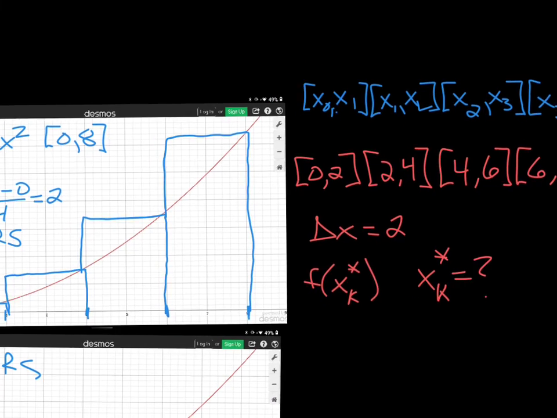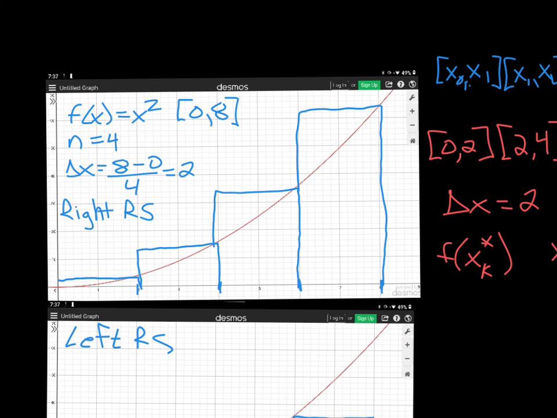Okay? The height of the first subinterval is 2, it was f of 2. The height of the second rectangle is f of 4. The height of the third one is f of 6, and then finally f of 8.